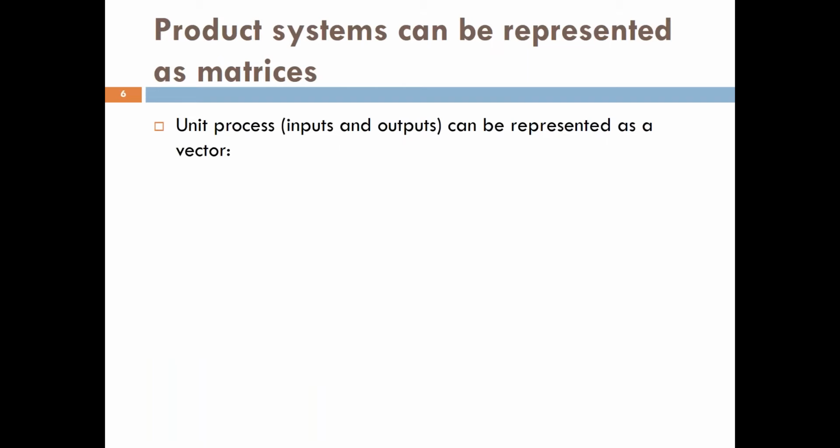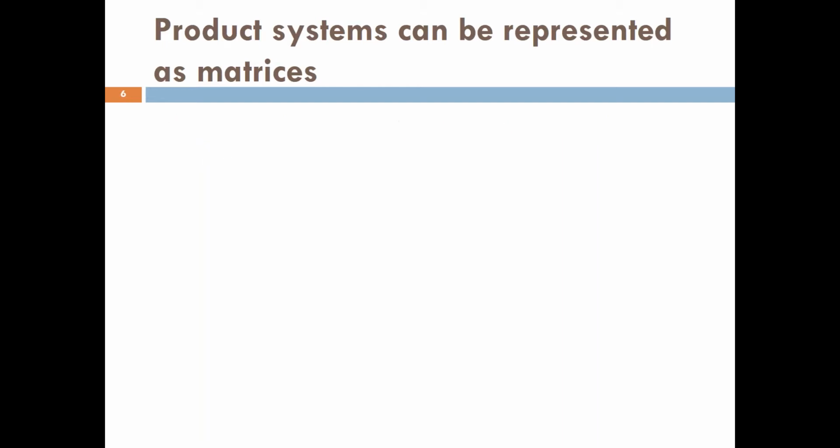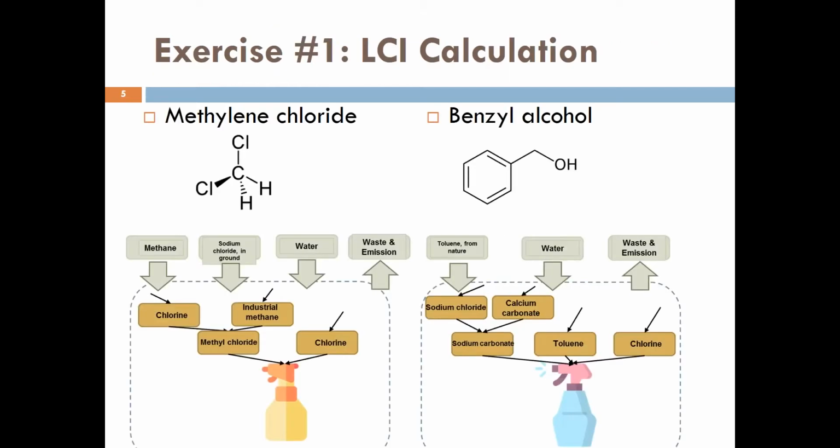So then the question is, how do we represent a unit process in life cycle inventory problem solving? A unit process is basically the elementary unit that records inputs and outputs, such as, in the previous case, each of these boxes can be the unit process.